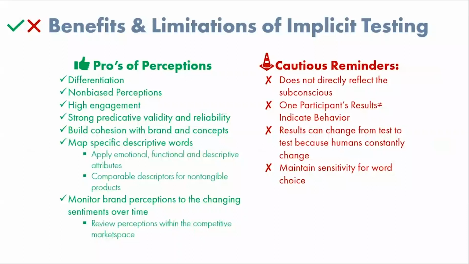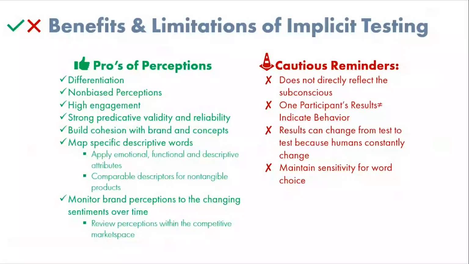Oh, yeah, definitely. And then finally, we just want to make sure that, as Michelle had touched on earlier, you have to be really cautious in the words that you choose when developing an IAT. You want to make sure that you're using adjectives and descriptors that will really give you what you're looking to uncover.